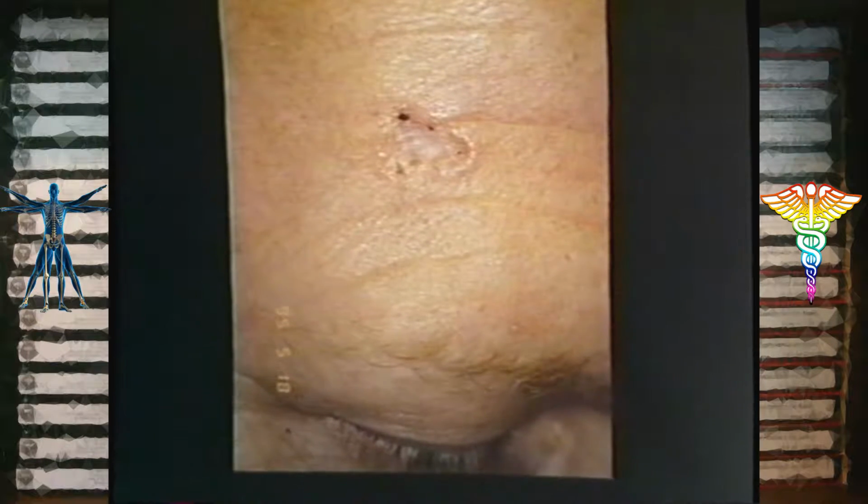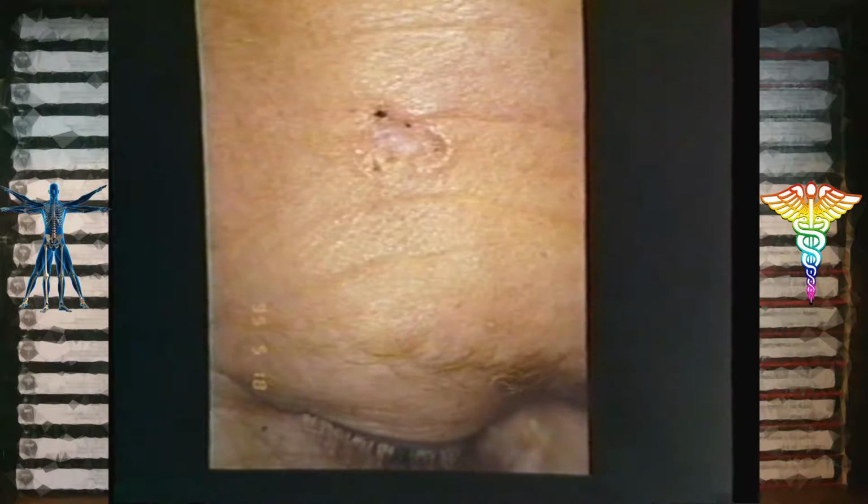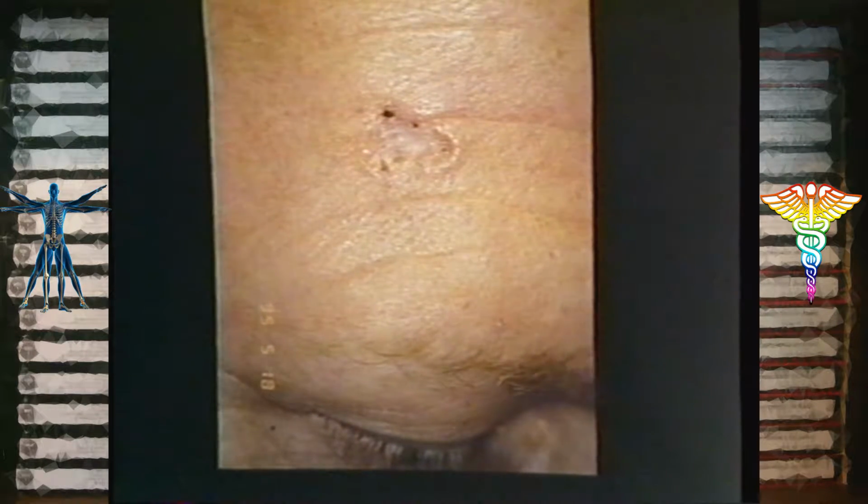This variation of basal cell carcinoma is referred to as morpheaform basal cell carcinoma. The reason this is important is many times it gets diagnosed as an old scar, an old site of injury, and it's left to grow over time to the point where it becomes very large.